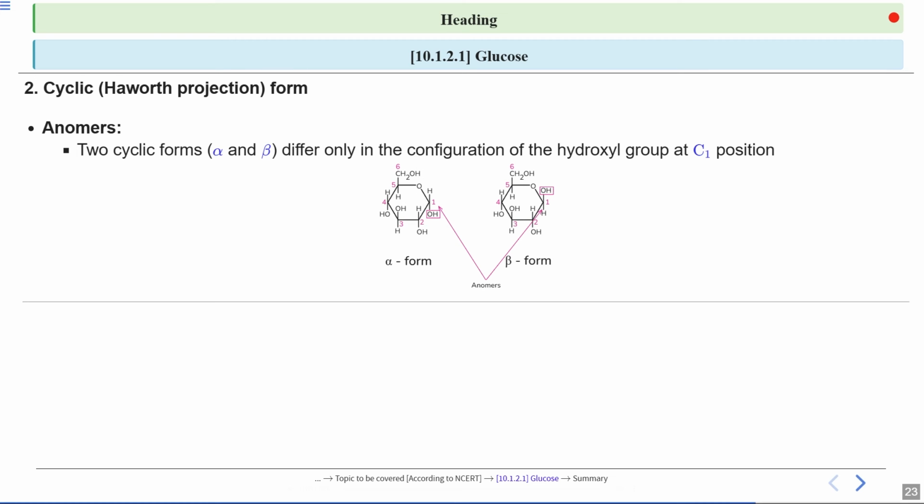So if you look, this is the alpha and beta form. They are called anomers because they only differ in the hydroxyl group position at carbon number 1. In the alpha form, OH points downwards. In the beta form, OH points upward. So these are called anomers.